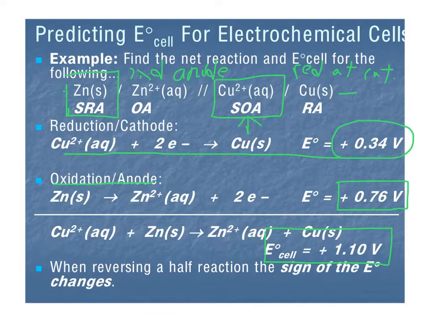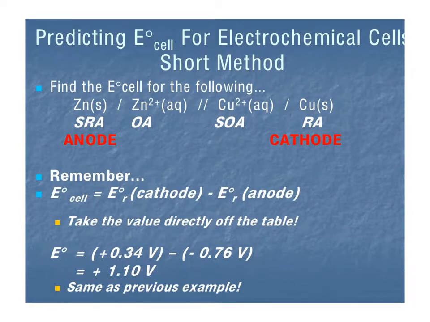An alternative way to determine the cell potential is to use the formula: cell potential is the reduction potential of the cathode minus, that's the key, minus the reduction potential at the anode. Of course, in order to do that, you must first determine what is the strongest reducing agent, or the anode, and the strongest oxidizing agent at the cathode.